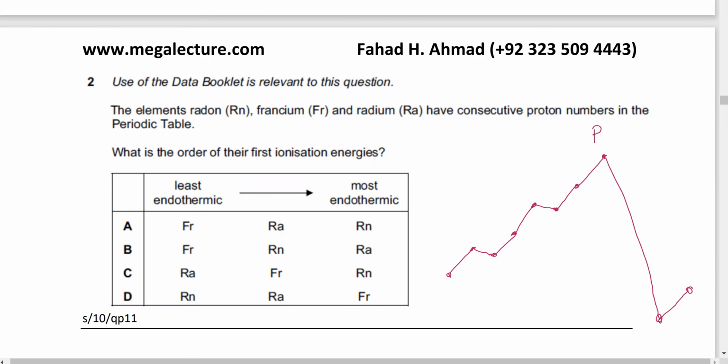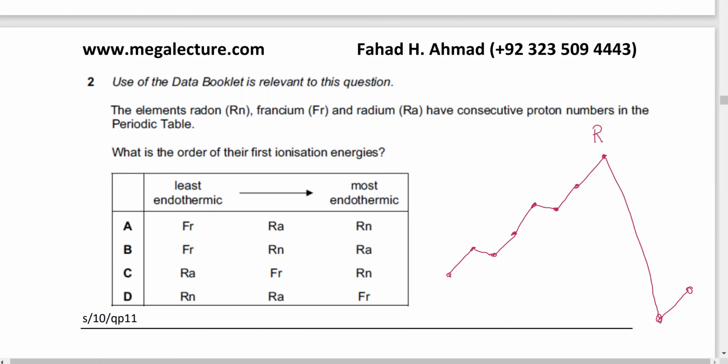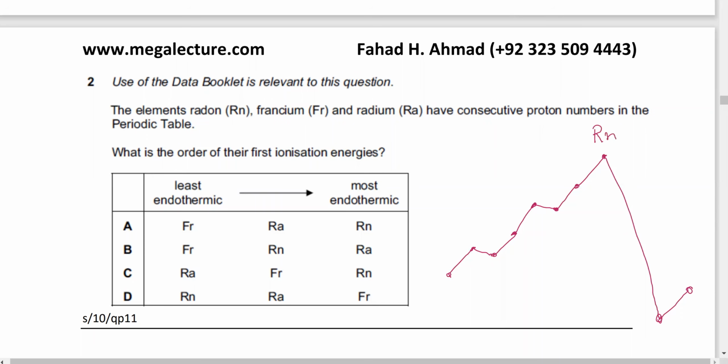Now radon is over here, radon का symbol Rn. फिर radium and francium कहाँ पे आ रहा है? Francium is in group 1 and the last one is radium.